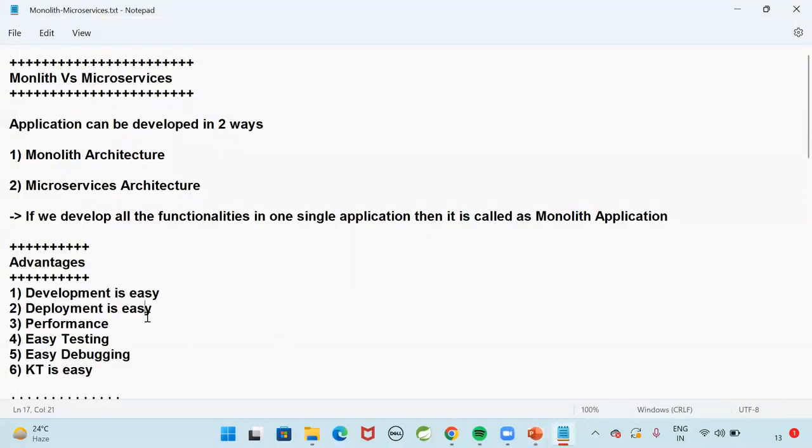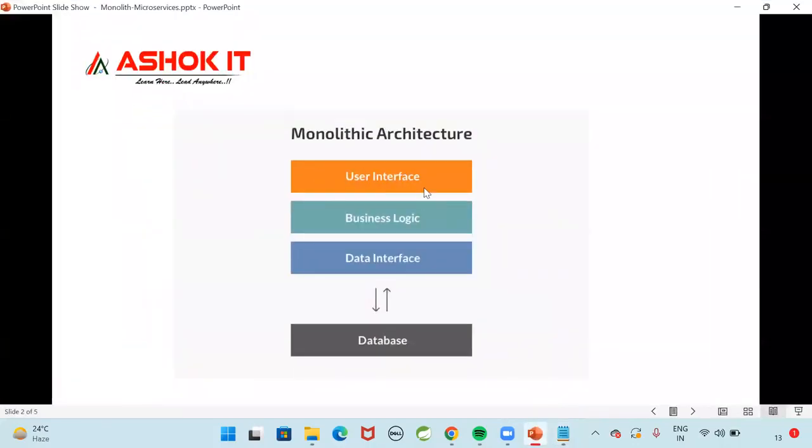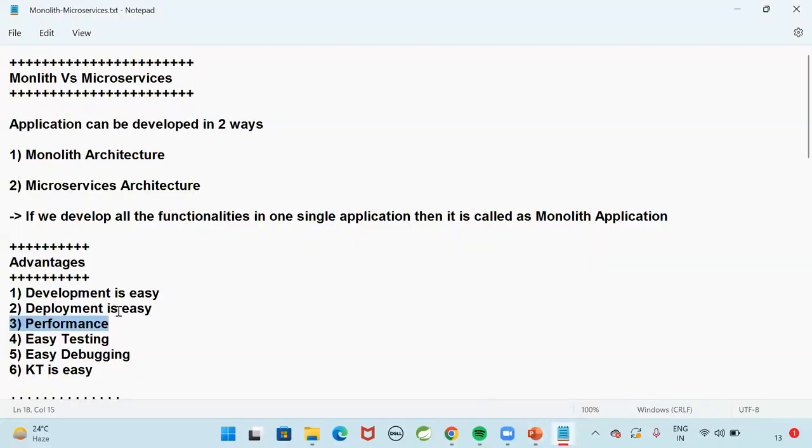A request will come from user interface to business logic to data interface, then directly communicate with the database. Every request will execute in one application.